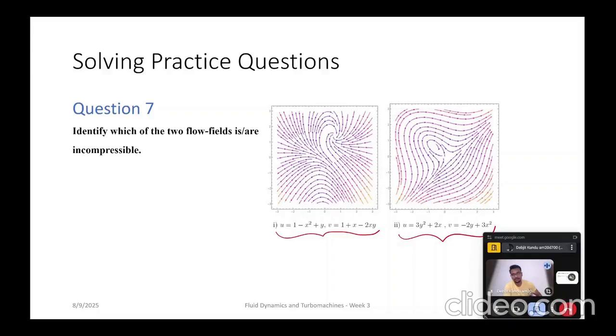The question is, you have to identify which of these two flow fields are incompressible. Is it just one, just two, or both, or none of the above?